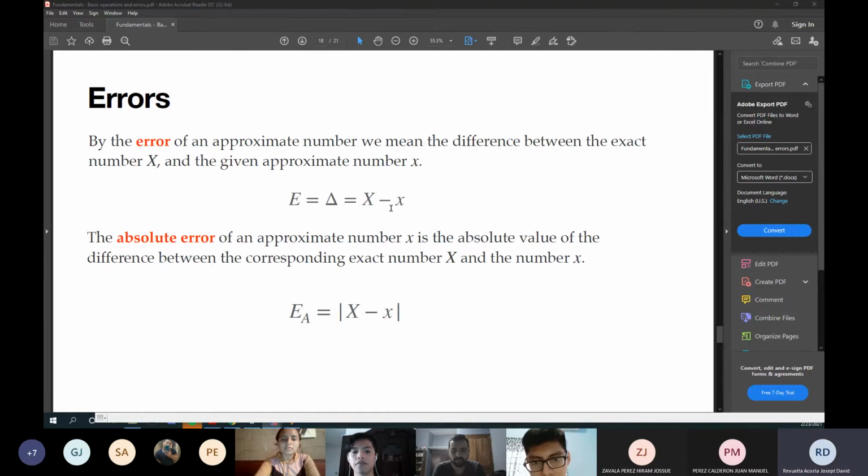Right? And then here we're going to have another definition. So this is the easiest form of the definition of error. And then a little more complex definition would be the absolute error definition, right?